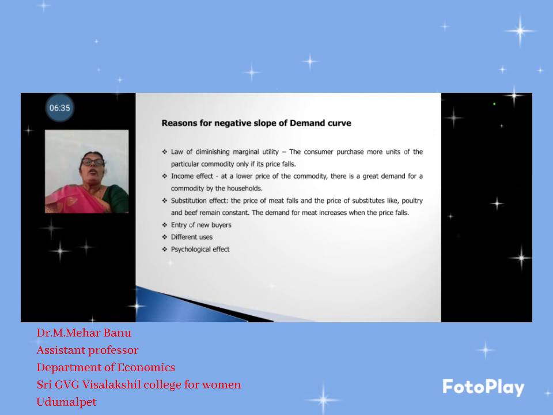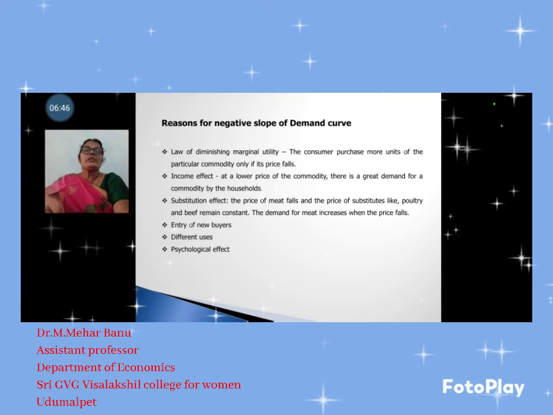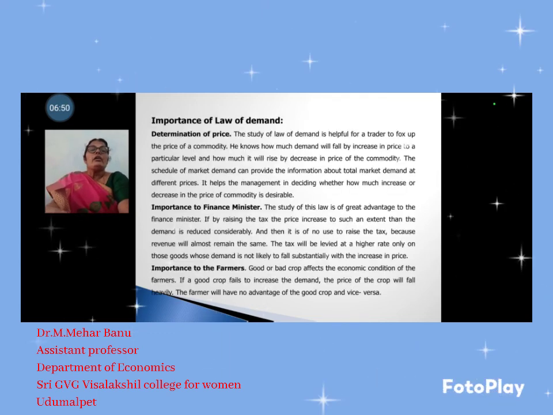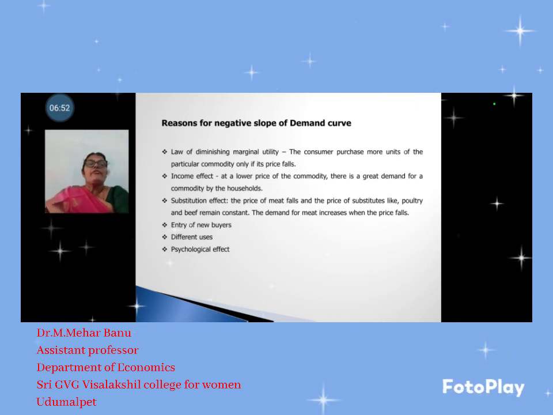The next reason is the income effect. At a lower price of the commodity, there is a greater demand for the commodity by the households. Next, it depends upon the substitution effect. For example, the price of meat falls and the price of substitutes like poultry, that is chicken, and beef, remain constant.